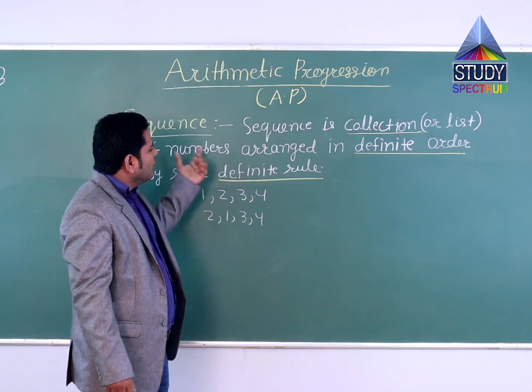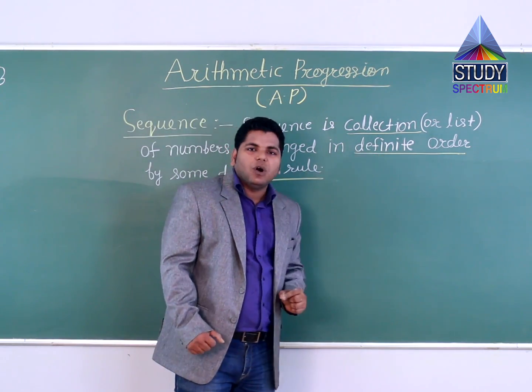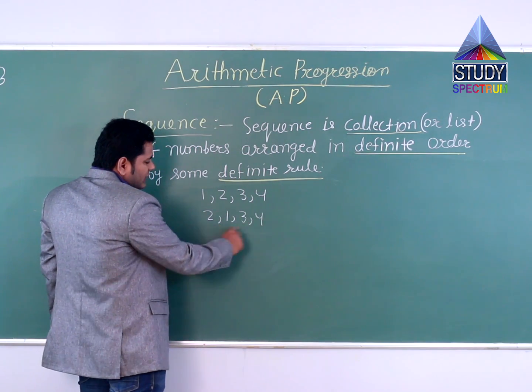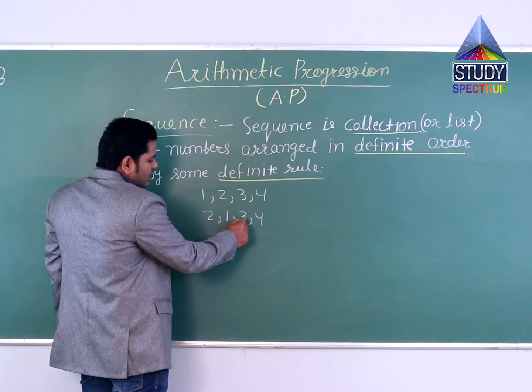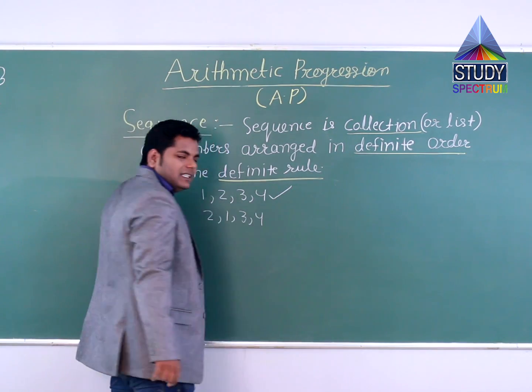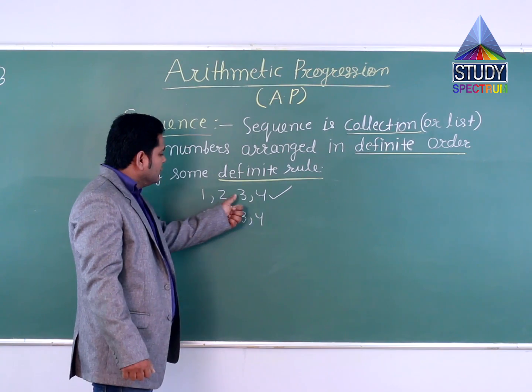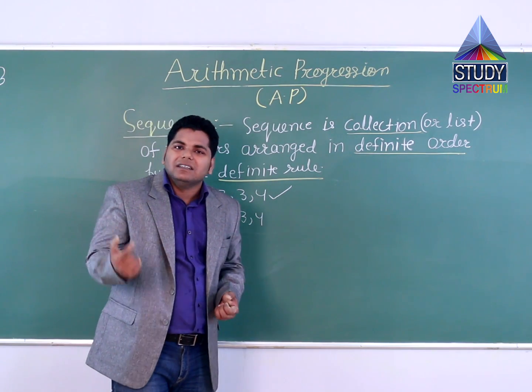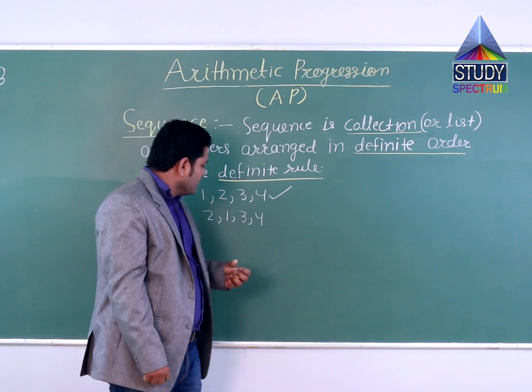Now the second important term is definite order. This, 2, 1, 3, 4, is not in definite order. This, 1, 2, 3, 4, is in definite order. And definite order should follow some pattern, some rule.